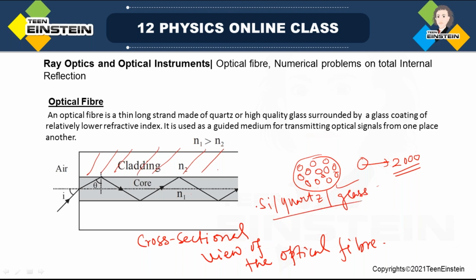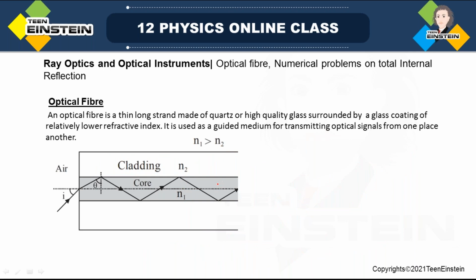This core has a refractive index greater than the cladding. The cladding is made of some glass which has a refractive index slightly lesser than N1. So this is core and cladding.